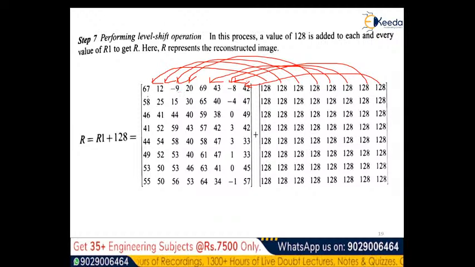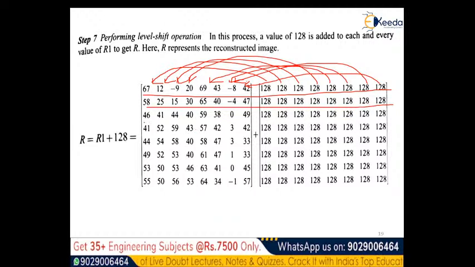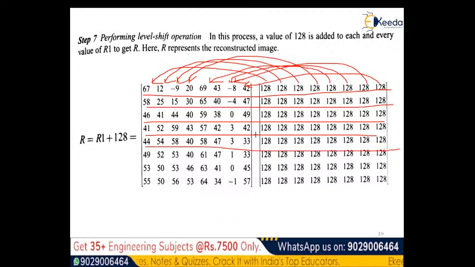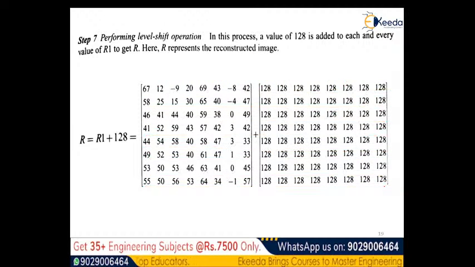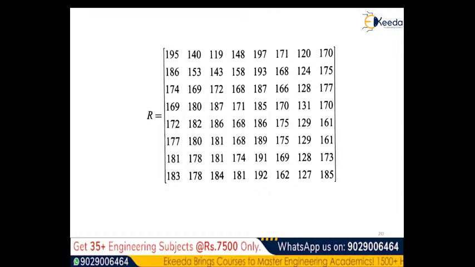So this way I have shown you the operation on the first row only. The same thing we have to carry out on all the next rows, a total of 8 rows here, and the resultant matrix will be denoted by the capital R. So here we obtain the capital R values.